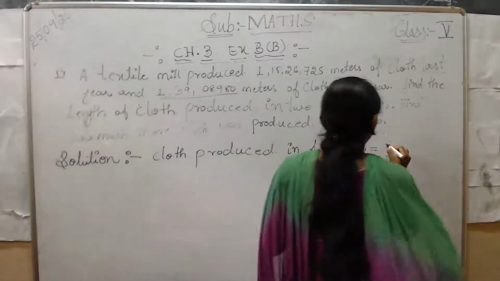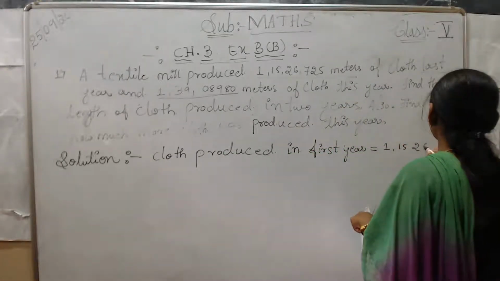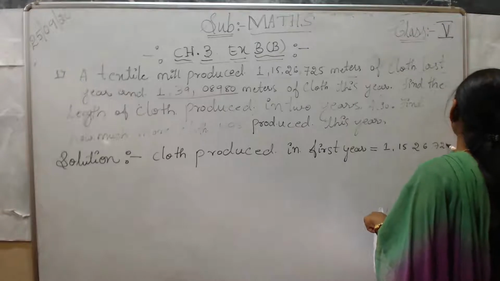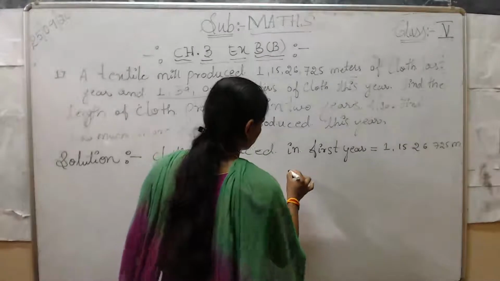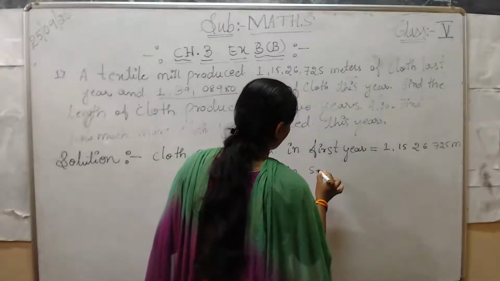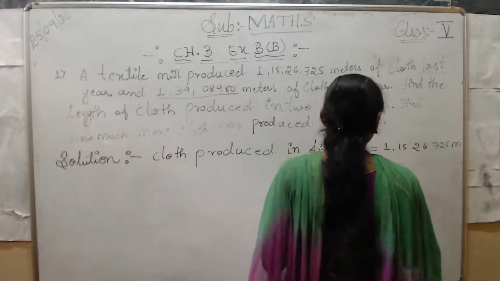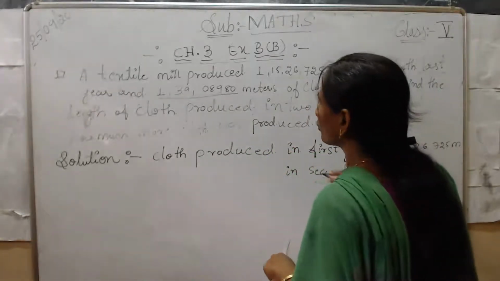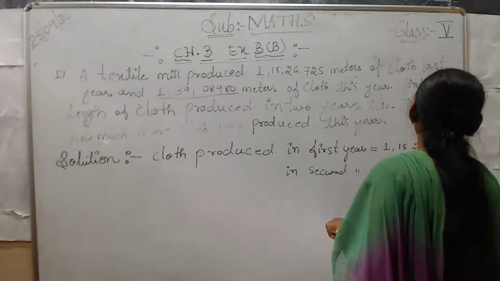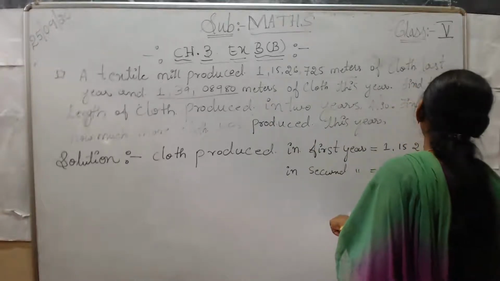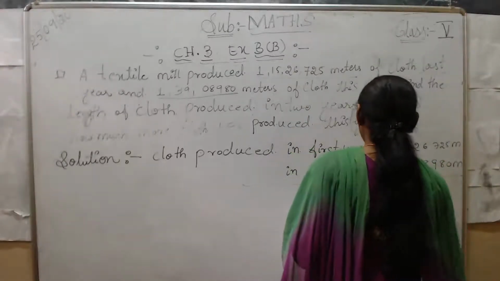Yes, 1 crore 15 lakh 26,725 meters. The cloth produced in second year, that is the total cloth produced, is 1 crore 39 lakh 8,980 meters of cloth. So, students, that was the first question.